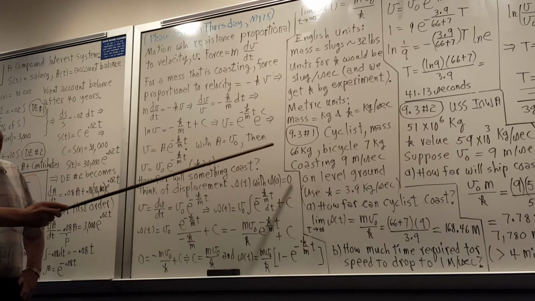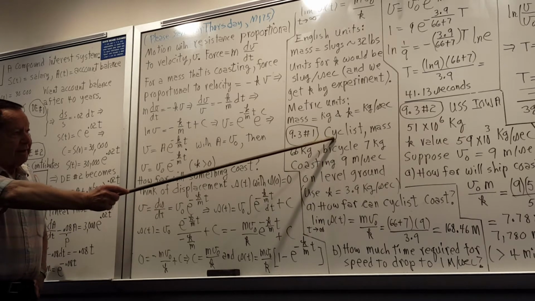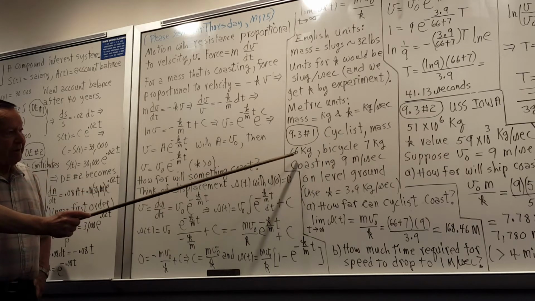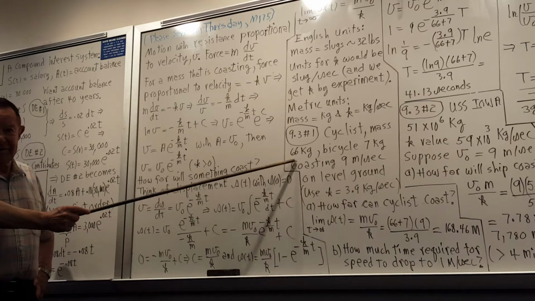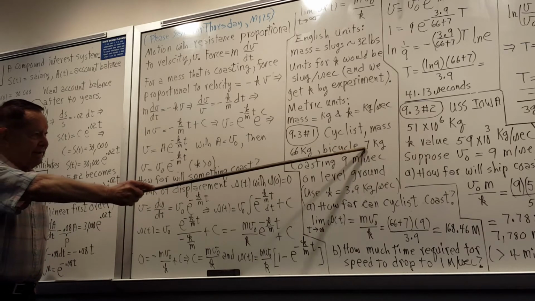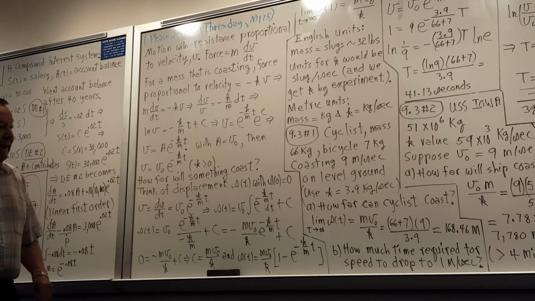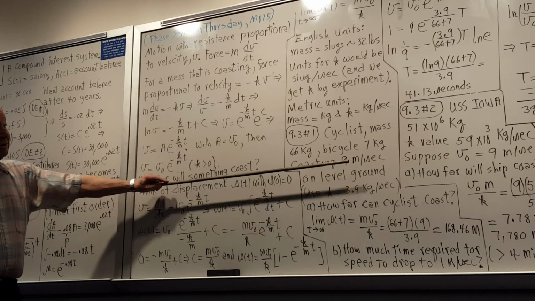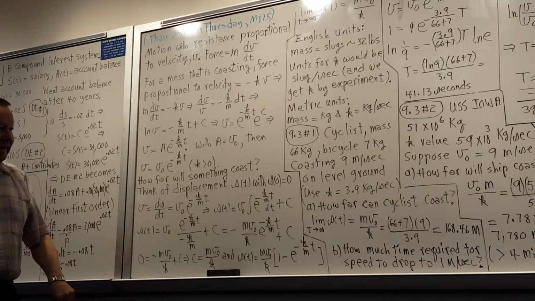So if you look at their problem 1 in 9.3, they talk about a cyclist whose mass is 66 kilograms, and the bike is 7 kilograms, the problem says. And the person is coasting at 9 meters per second, and that's certainly fast enough that there is an air resistance factor in it.